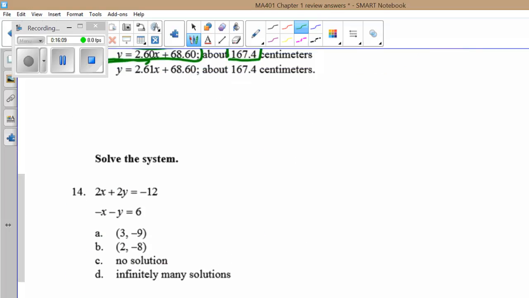Solve the system. Okay, we learned matrices and we also learned by hand. But this one, just looking at it, looks like it's going to be special because this is a 2 and a 2 and a negative 12, and this is a negative 1 and a negative 1 and a positive 6. So I'm going to multiply the bottom here by 2. So hold on, this is 2x plus 2y equals negative 12.